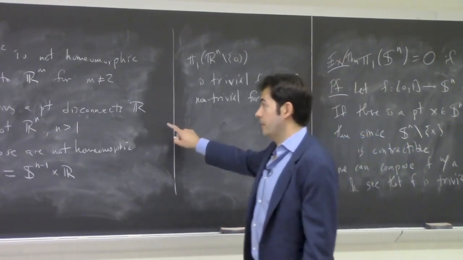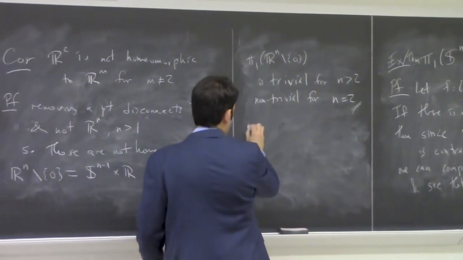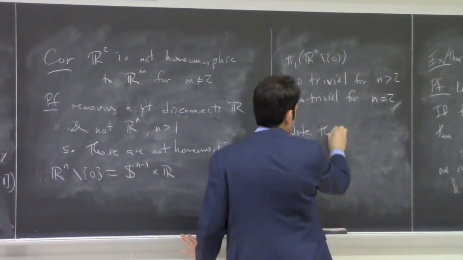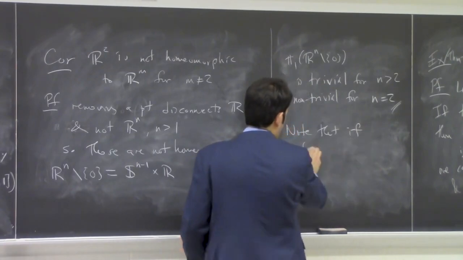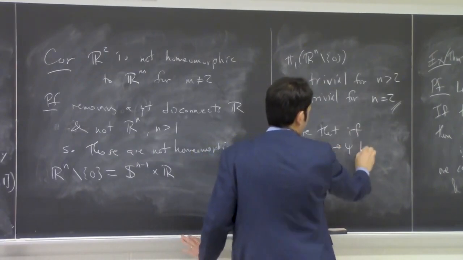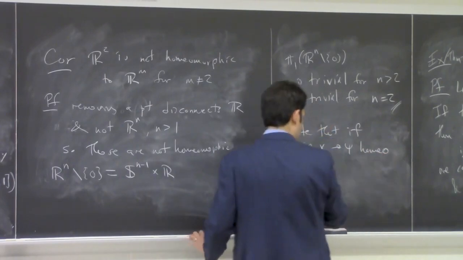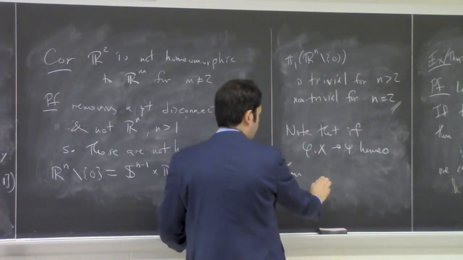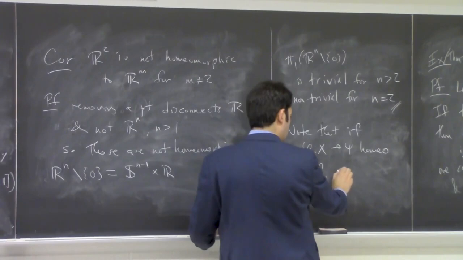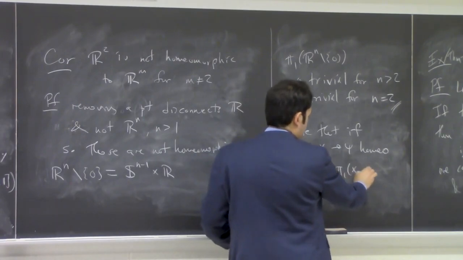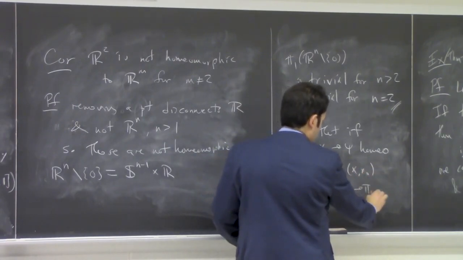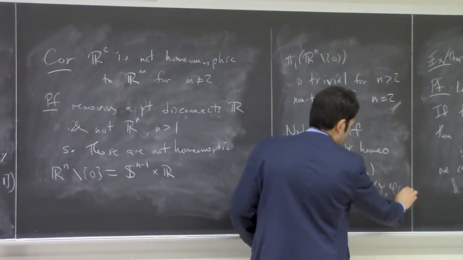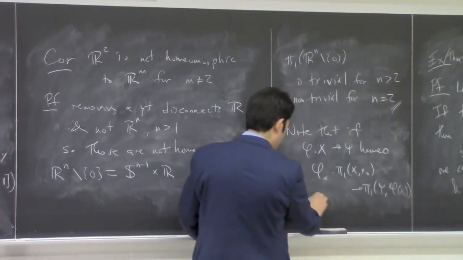Yeah. So let me just point out the thing I mentioned there at the end. Note that if phi is a homeomorphism, then the induced map is an isomorphism.